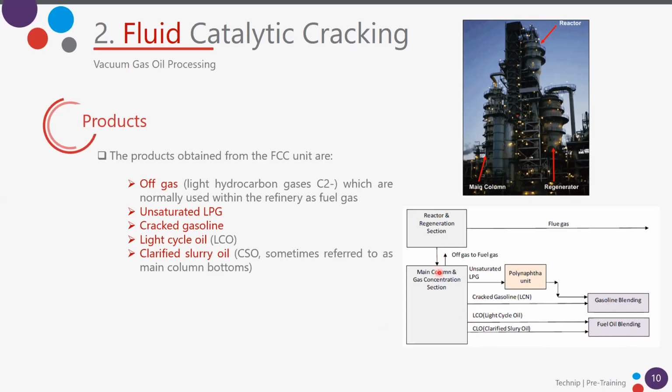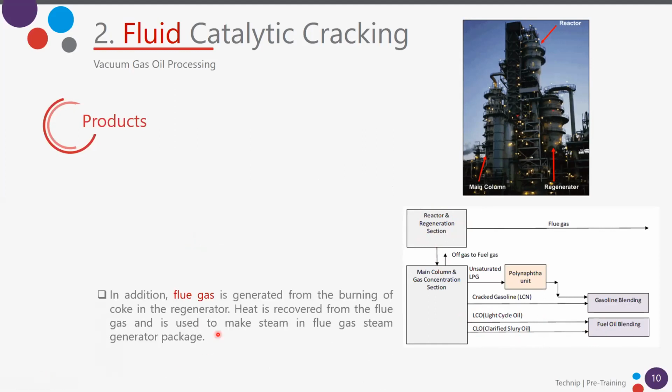You see here that in the regeneration section, where you burn the coke on the catalyst, that we will see in more detail now, you will produce these flue gases. So the flue gas is generated from the burning of the coke in the regenerator, and we will have here a high temperature.